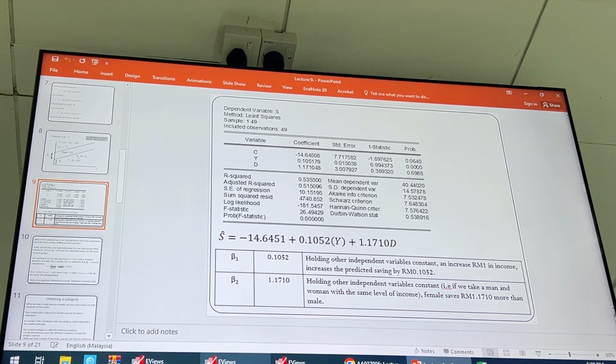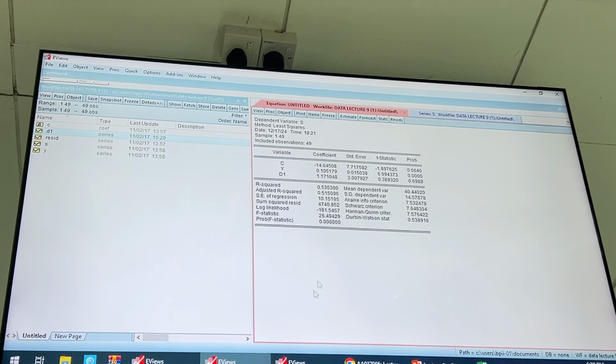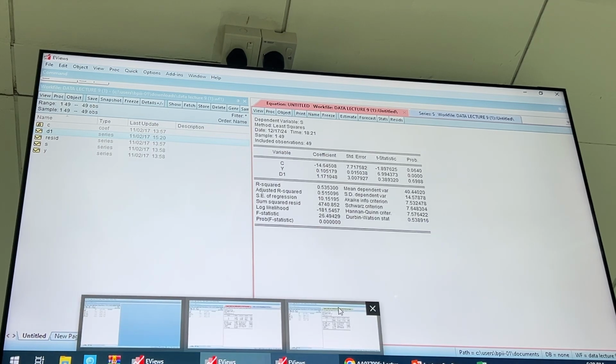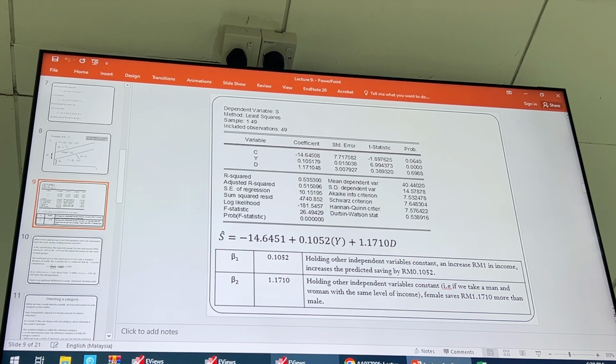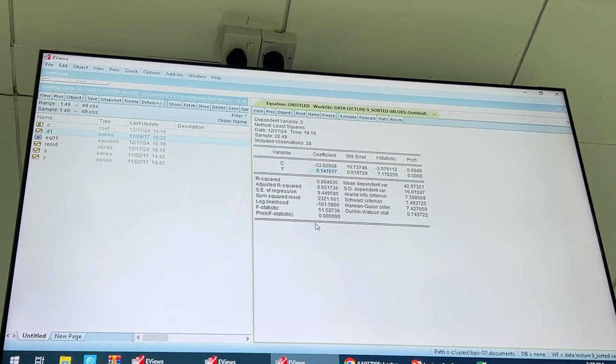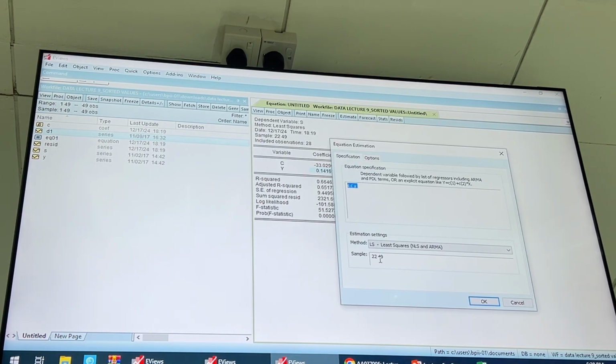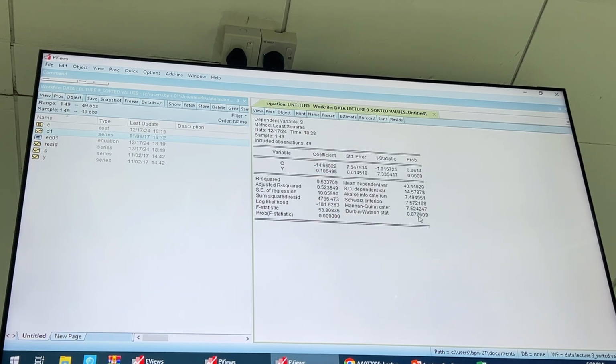So just now we had a different set of data. If you change the order, you get a different Durbin-Watson. For example, if you estimate using all the data, we get 0.87.